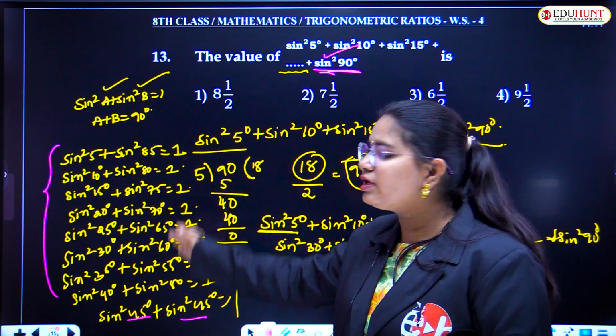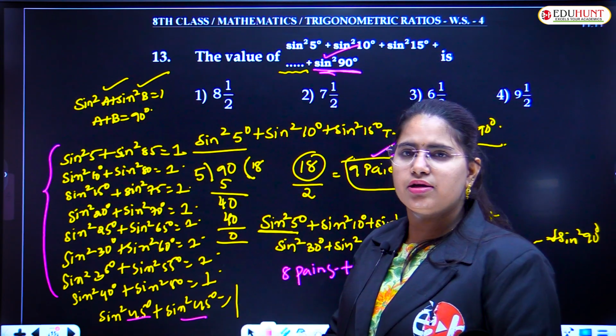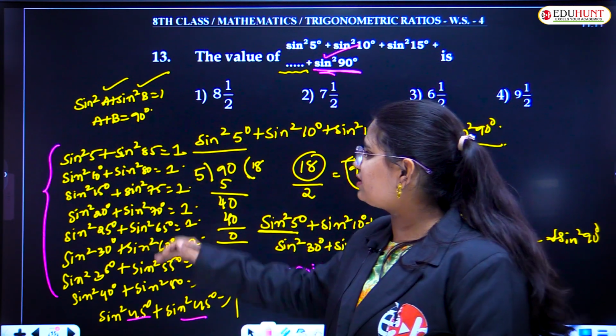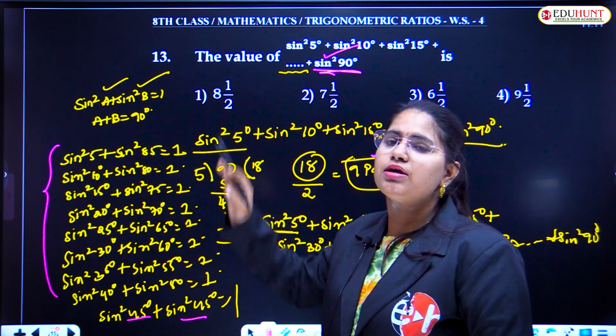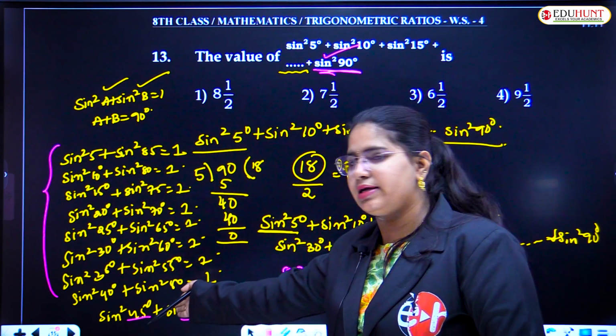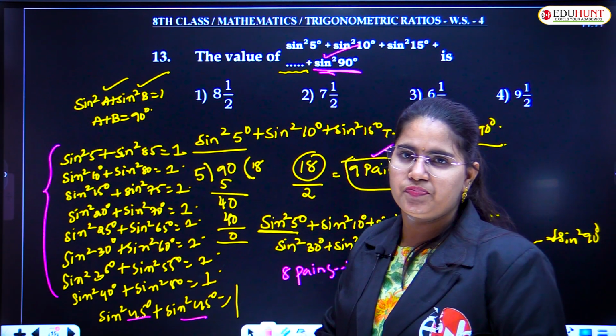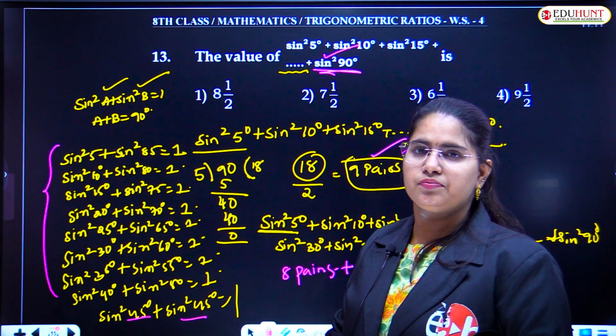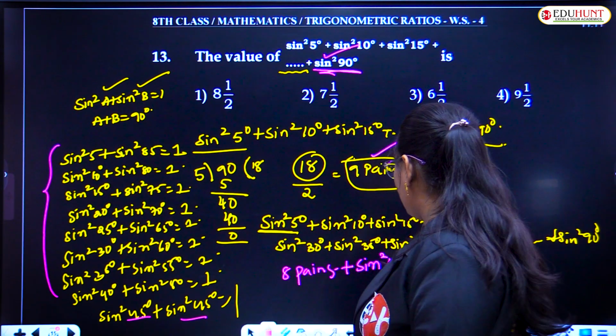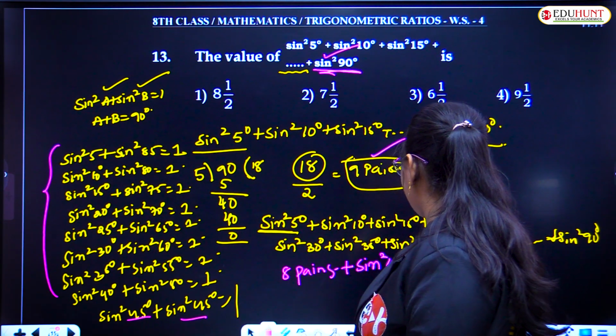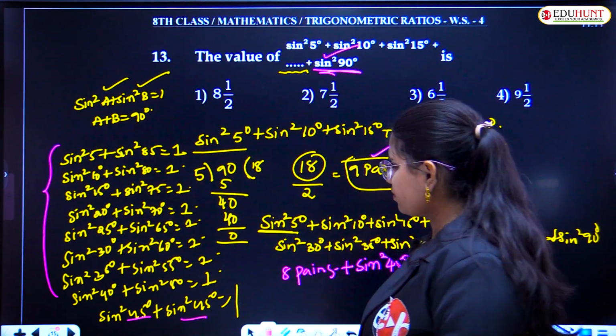Correct? Did I consider 90 degree anywhere in this? No, right? I always checked you need to get a resultant as 90, but I have not taken sine square 90 in the above 8 pairs. So I am taking sine square 90 degrees too.